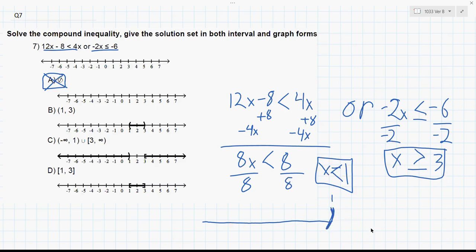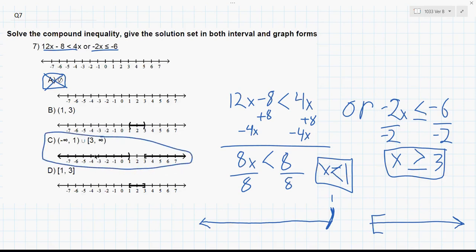And then do I have something that goes from 3 all the way onward to infinity? Let's see, do I have anything that looks like that here? Well, C is probably going to be the right answer. C is the right answer, but just looking back at the other ones, these ones are cased on the inside, and more importantly, there are both either parentheses or brackets.